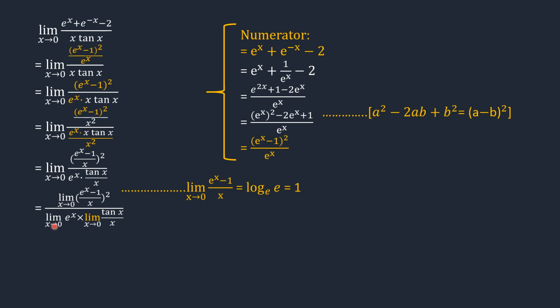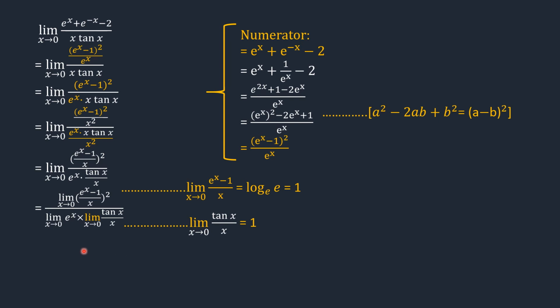The value of this limit can be found out by putting x equals 0, so it will be e to the power 0, and this limit can be found by the limit formula that we know, tan x over x as x approaches 0 is 1.